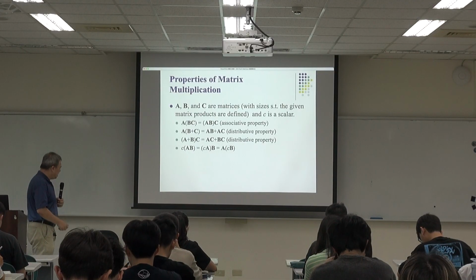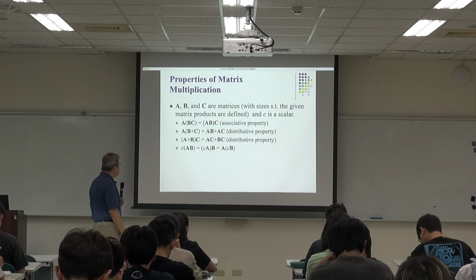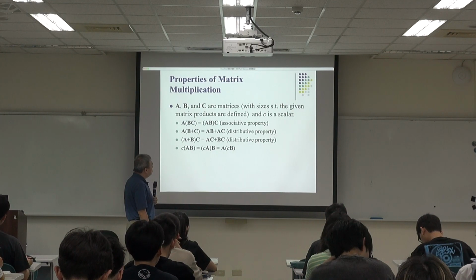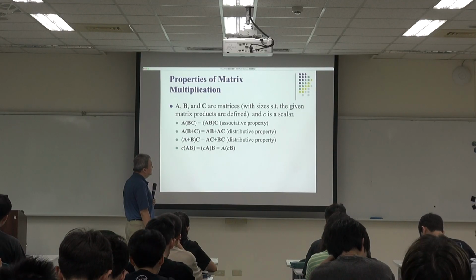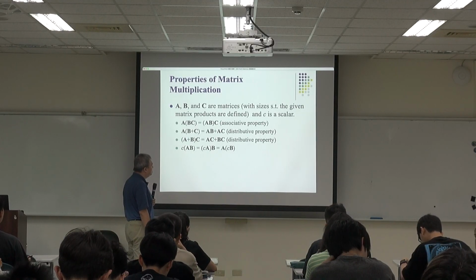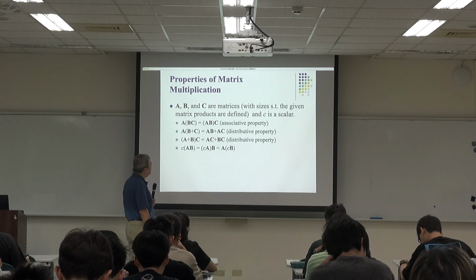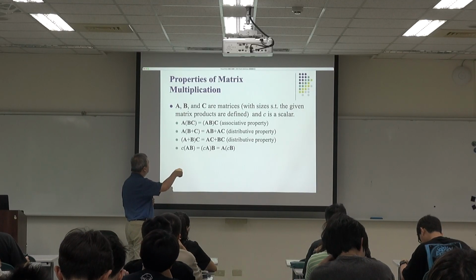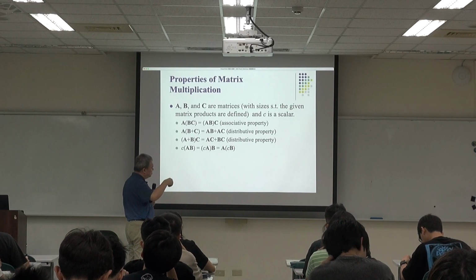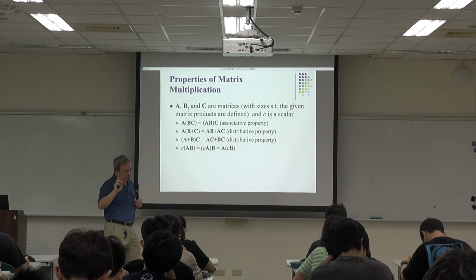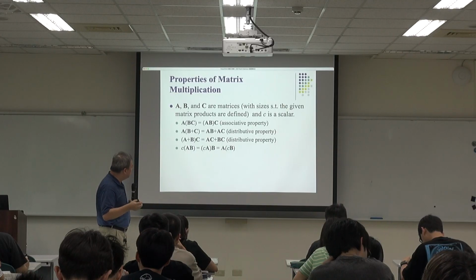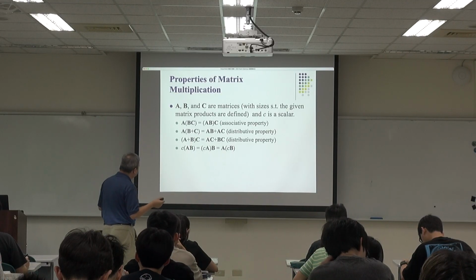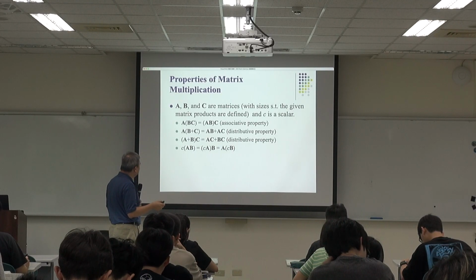So A times B times C first will be the same as A times B first and then times C. This is the associative property for matrix multiplication. Remember, for matrix multiplication the commutative law does not apply, but the associative property is there.